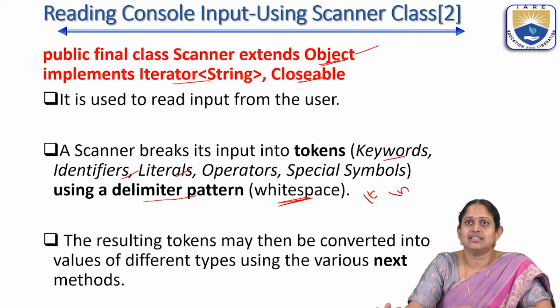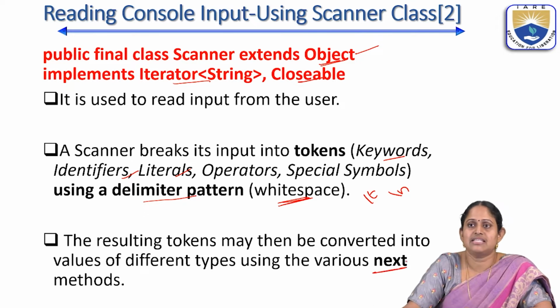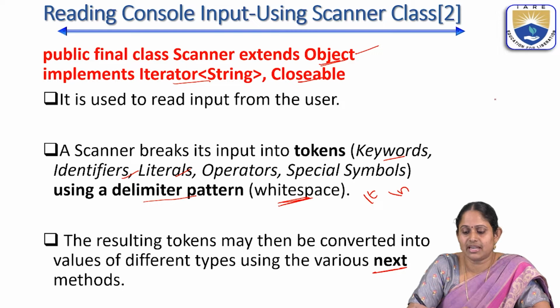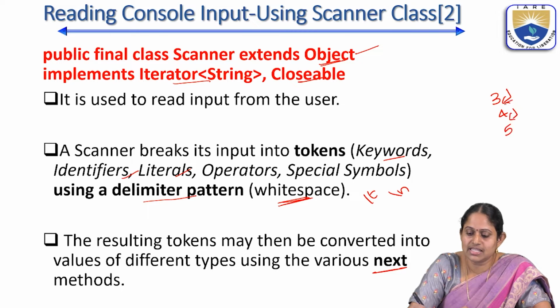Once the Scanner class reads these objects, they will be converted into the corresponding type using the next methods. There are various next methods available in the Scanner class. For example, let us say we are reading 3 integers: 3, 4, 5. The carriage returns form the delimiters, so here we are pressing enter.